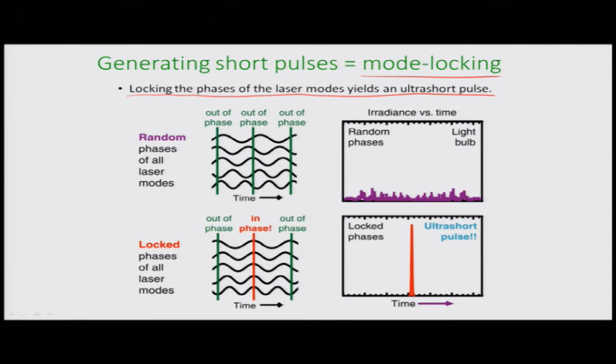The phases are all random, whereas when they are all in phase with each other, the period of time when they are all in phase gives rise to the time over which all the locked phases are there. So, all these other unlocked phase conditions are not possible to be seen, and only the ultra short period of time over which all the phases are in phase is the one being looked at.